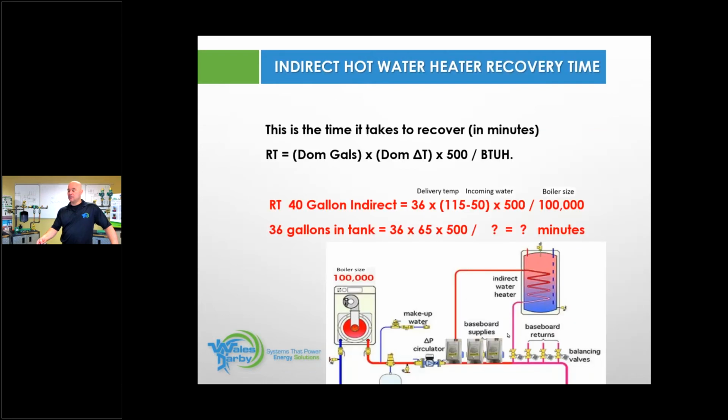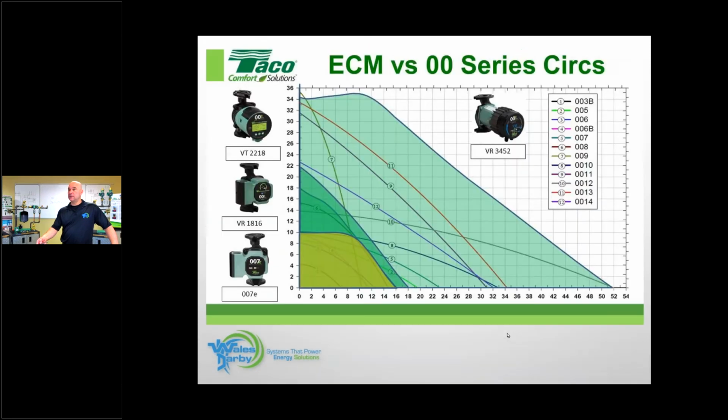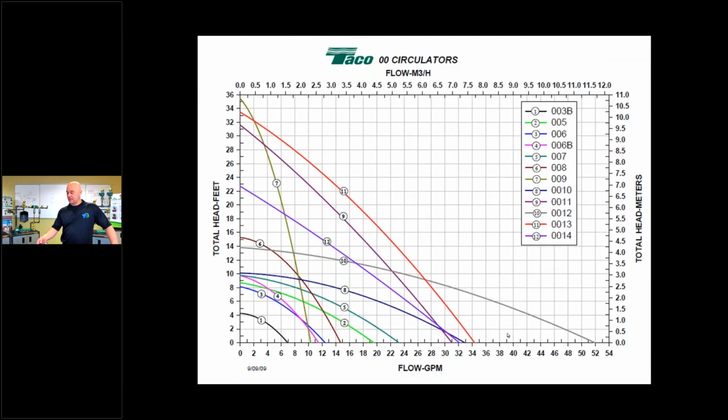So I'm going to just fast forward here, and I'm going to get right here. 12 feet of head, come across until I get right there, straight down, 12 GPM, 12 feet of head.